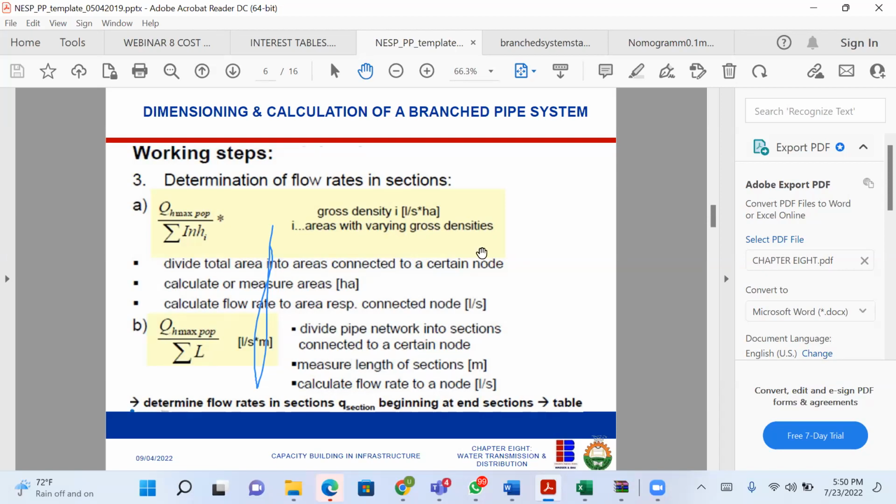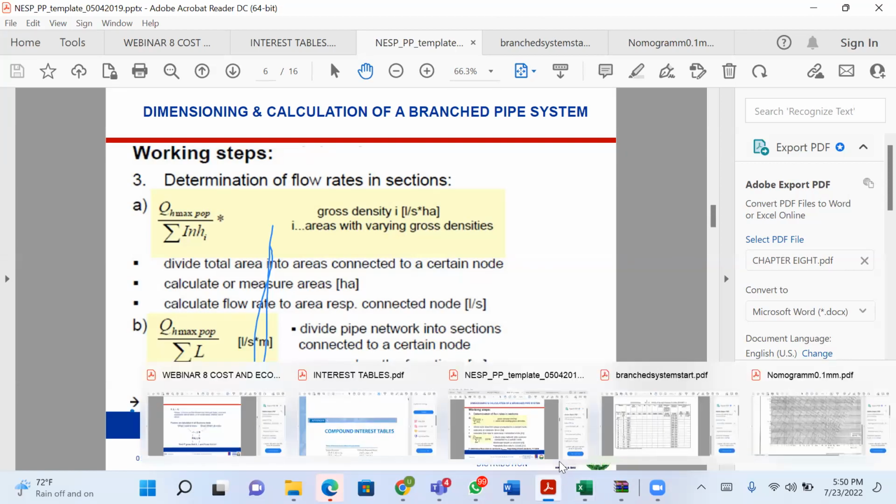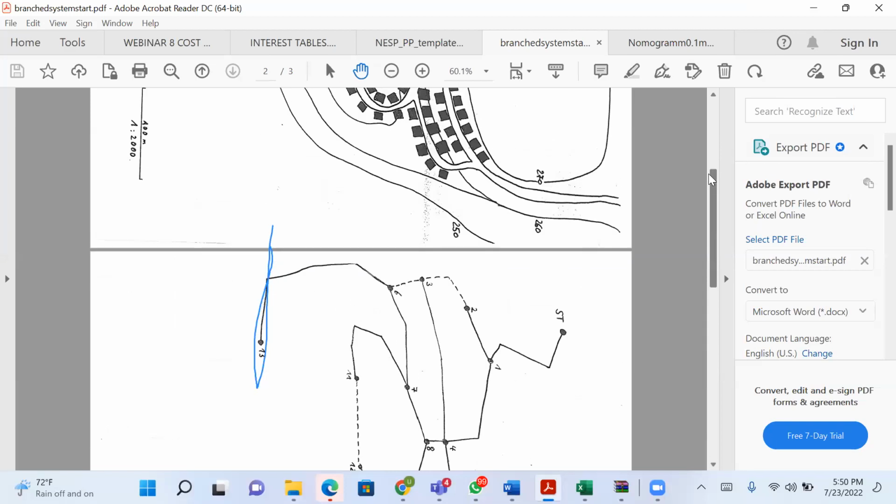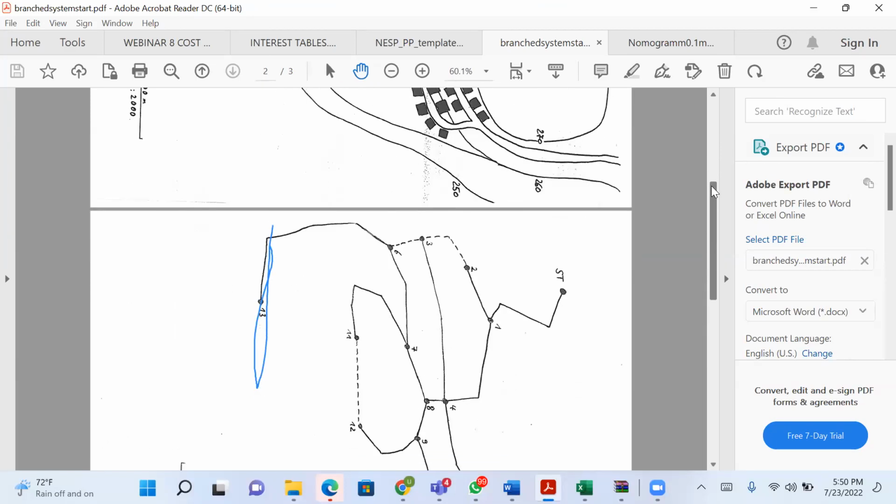How many hectares are connected to node 6, to node 13? If I come to node 13, this value I got of 0.58, I'm going to input here in node 13. Then the houses lying between 7 and 6, I'll put in node 6. I'll continue in that order.